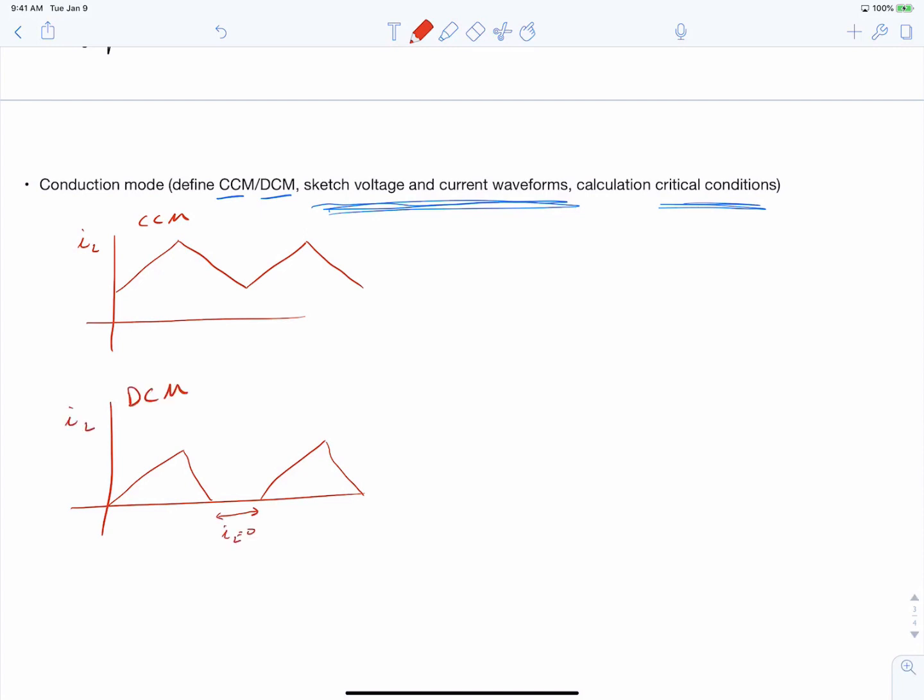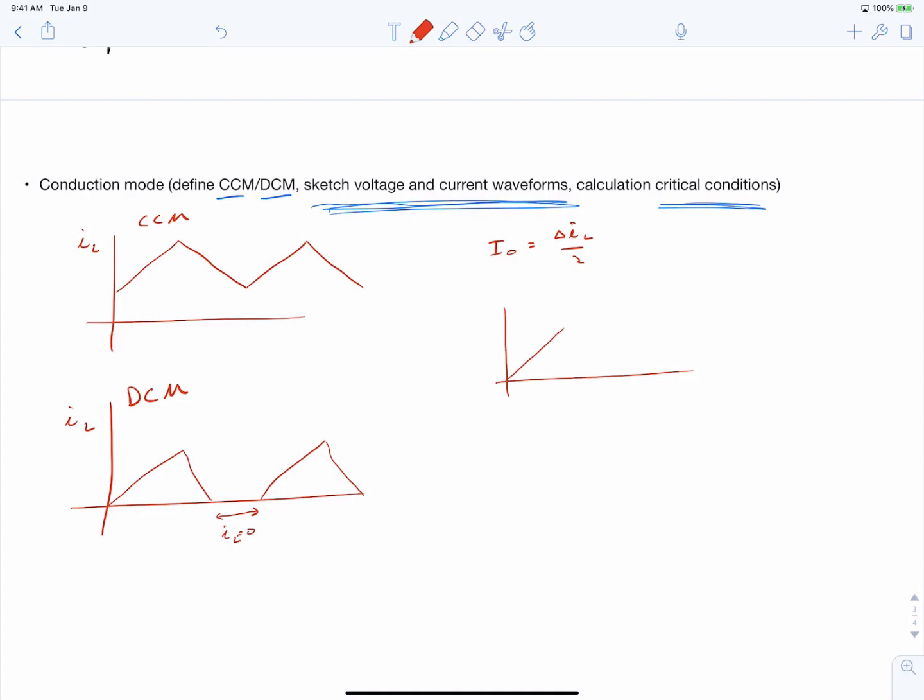The critical conditions correspond to the conditions that make the inductor current touch zero but not linger at that for any duration. So another way to say this is that we are in critical conduction conditions if our average output current is equal to delta I L by 2. Here's what that looks like.